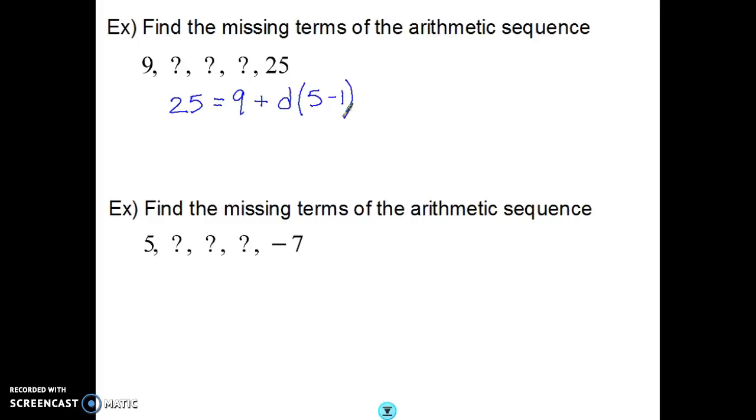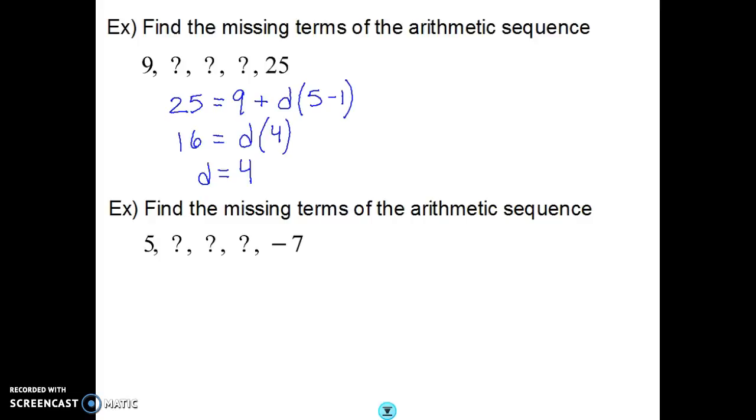So we can subtract the 9 over. 25 minus 9 is 16, equals, and then 5 minus 1 is 4, so this becomes d times 4. Well, to finish solving, we're just going to divide both sides by 4, and we will get that d equals 4.